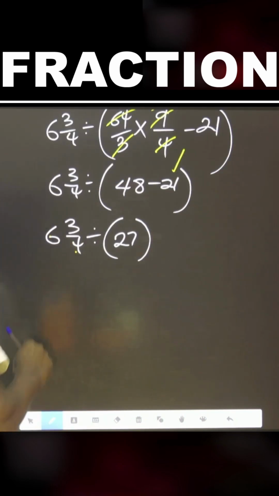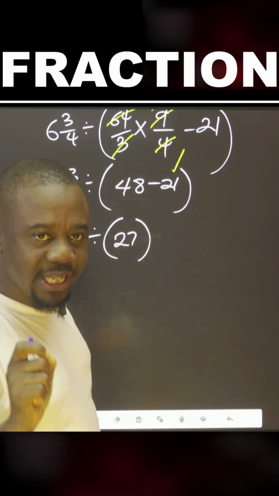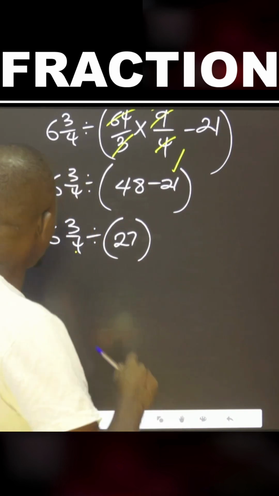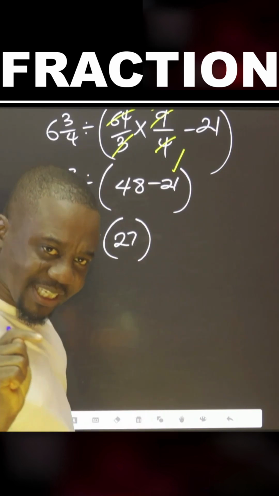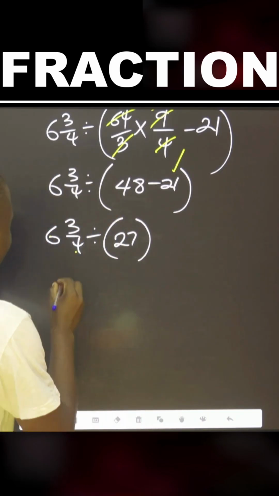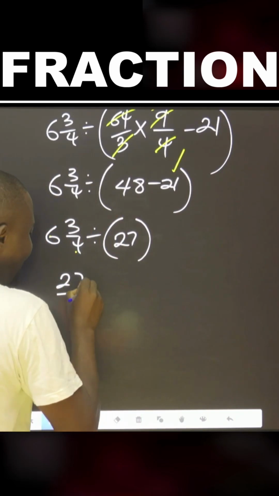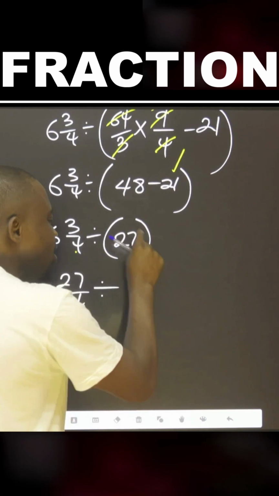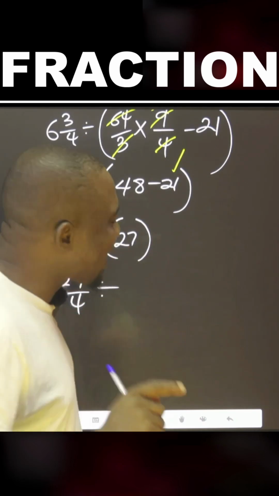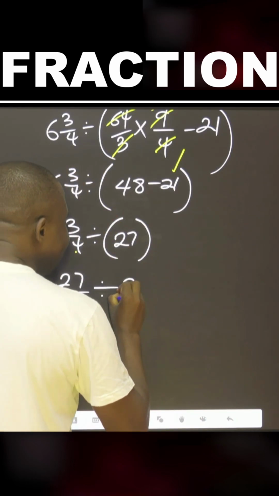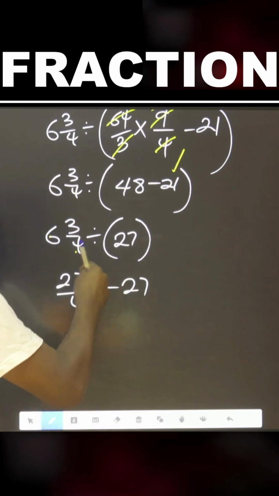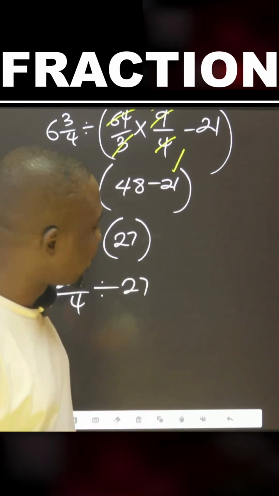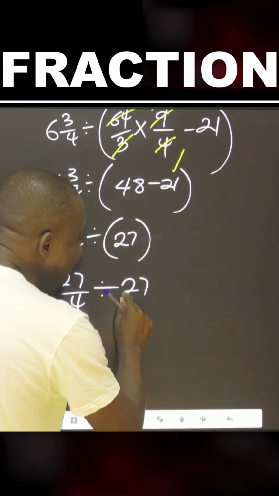Now we can multiply this 6 multiplied by 4. That will give us what? 24. 24 plus 3, that is 27. 27 over 4 divided by, because it's only one item that is in the bracket now, we don't need the bracket anymore. What is this divide? As far as this is concerned, it is over 1.